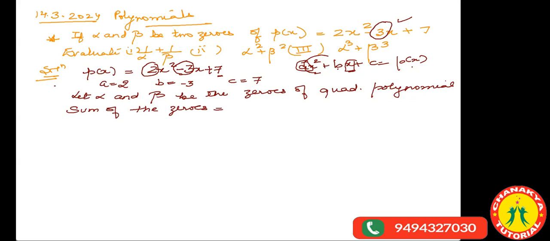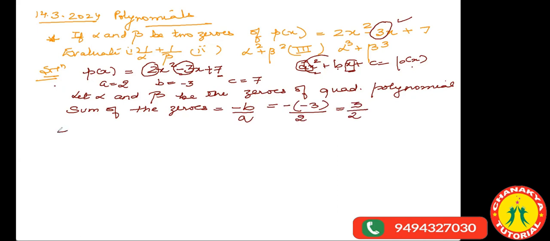Tell me the formula for finding sum of the zeros. Beta, just cram these two formulas. Sum of the zeros is minus b by a and product of the zeros is c by a. Only two formulas are there in this exercise. So minus b by a. Now put the value of b, minus 3, and value of a is 2. So minus minus plus 3 by 2.